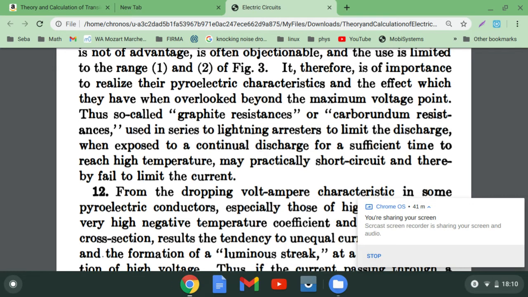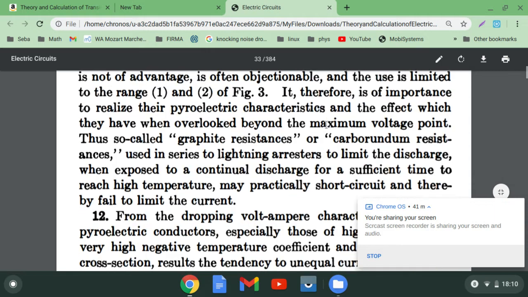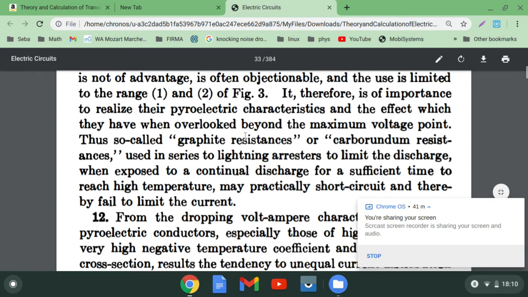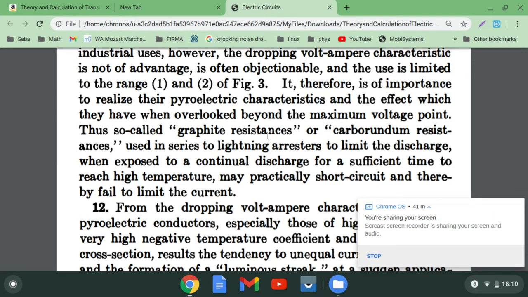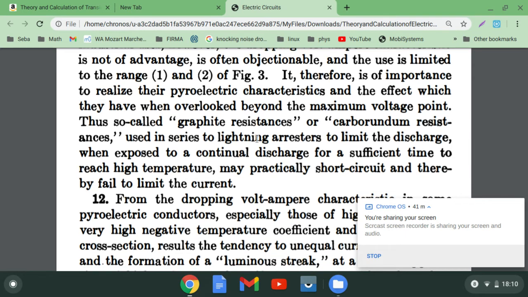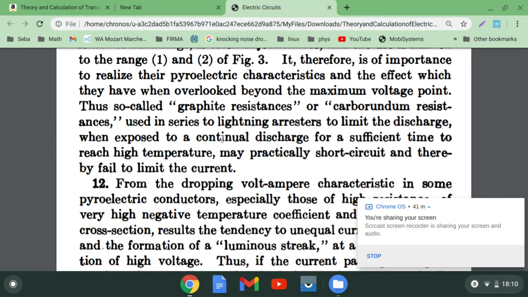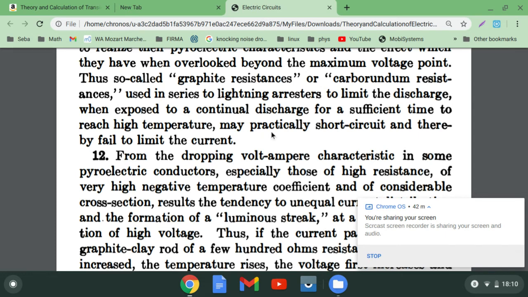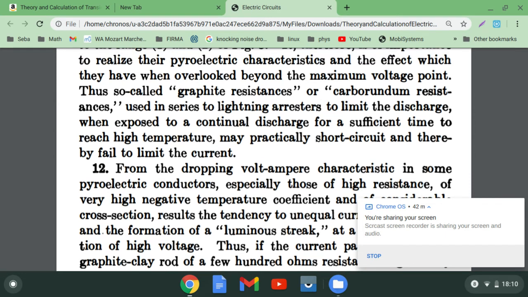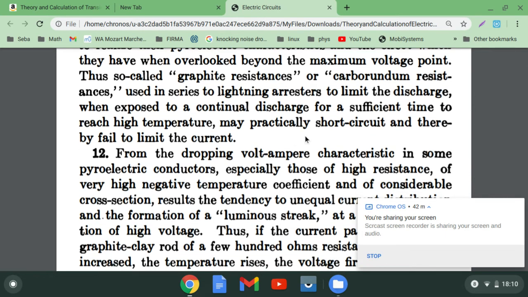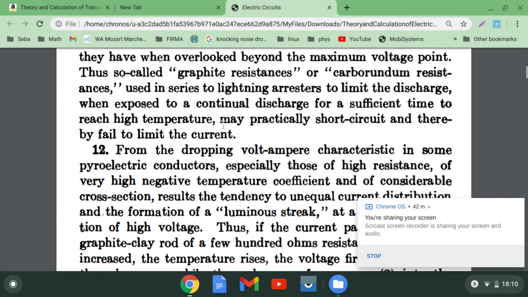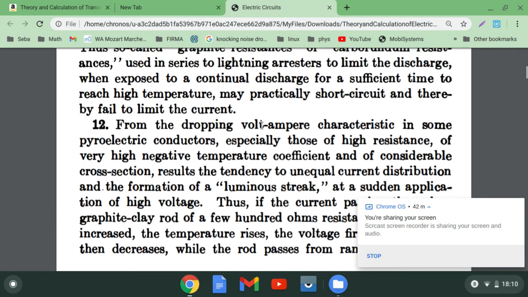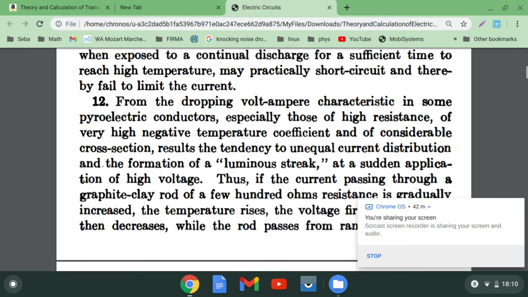If therefore it is of importance to realize their pyrolytic characteristics and the effect which they have when overloaded beyond the maximum voltage point. Thus, so-called graphite resistances or carborundum resistances used in series to lightning arresters to limit the discharge, when exposed to continual discharge for a sufficient time to reach high temperature, may practically short circuit and thereby fail to limit the current.